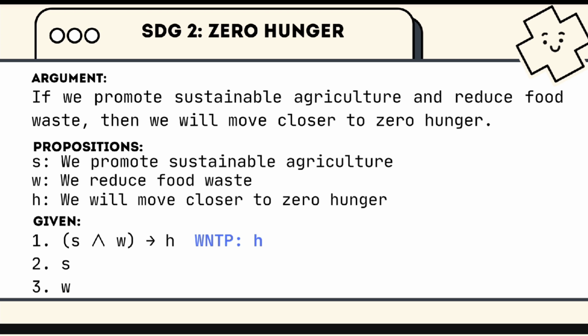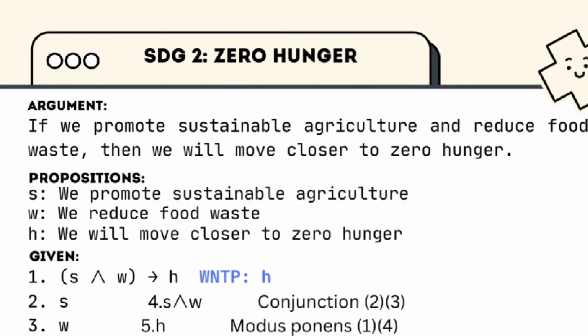So the givens are, number 1, if S and W, then H. Number 2, letter S. Number 3, letter W. And what we need to prove is letter H. To prove the SDG 2 argument, we use premise 2 and premise 3, and we can use conjunction.